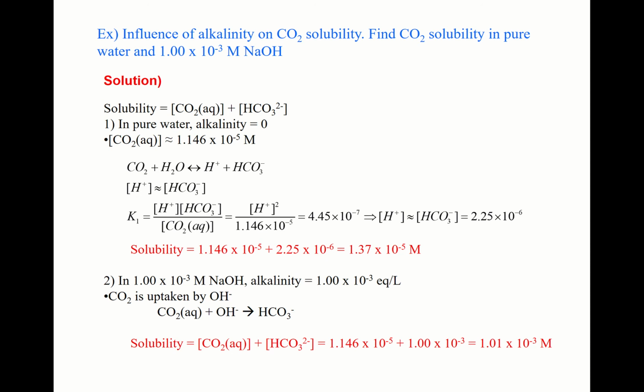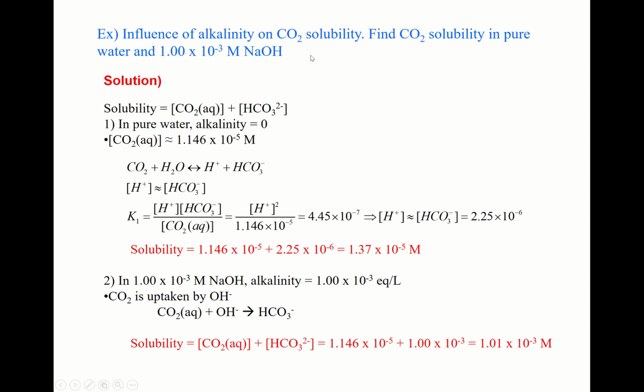They need CO2 dissolved in water to produce biomass. So CO2 solubility is really important in natural water, and it depends quite a lot on the alkalinity. Now the question is to find the CO2 solubility in pure water and in 10 to the minus 3 molar sodium hydroxide water.